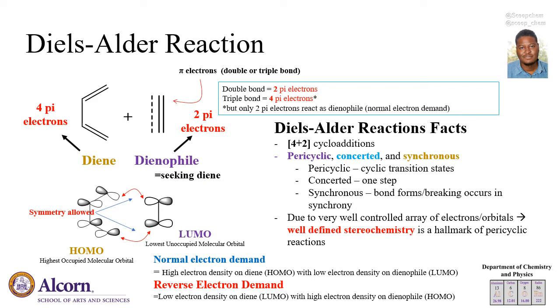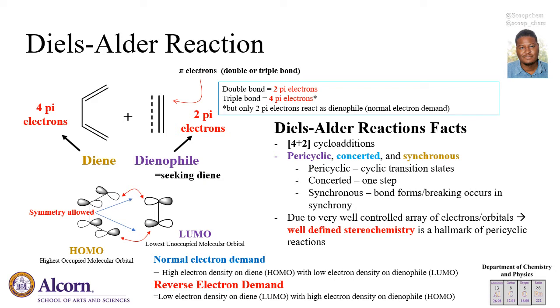Because we have very high electron density on the diene, it reacts through its HOMO, which I've showcased in that example already given, and the low electron density of the dienophile causes its LUMO to react. However, we can flip that and have the reverse electron demand, where the diene has very low electron density and the dienophile has very high electron density. I didn't draw that system out, but it's possible to have a reverse electron demand as well.